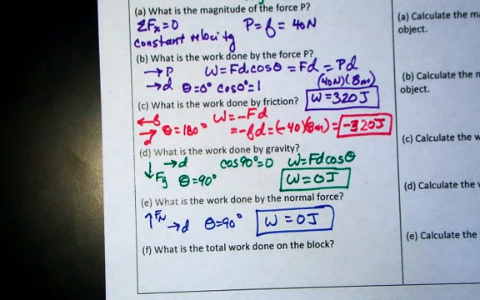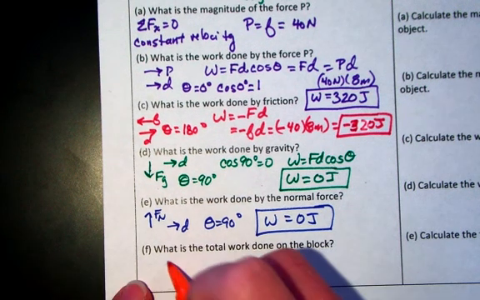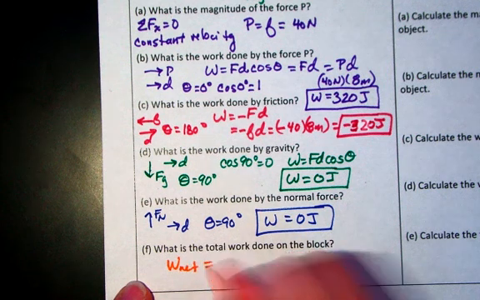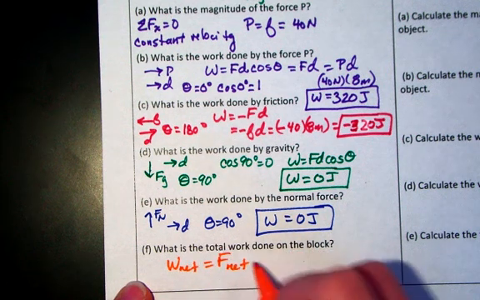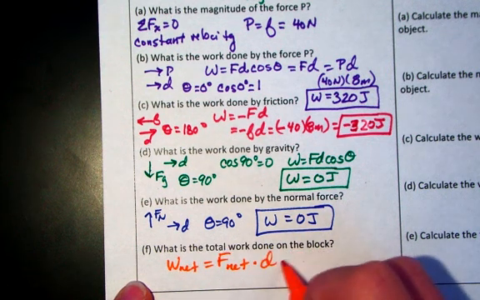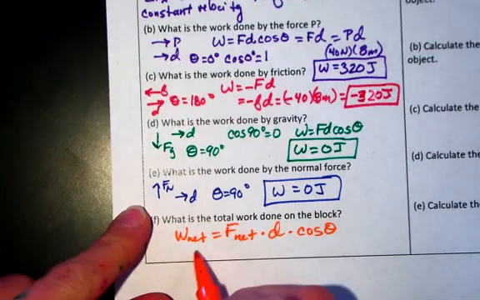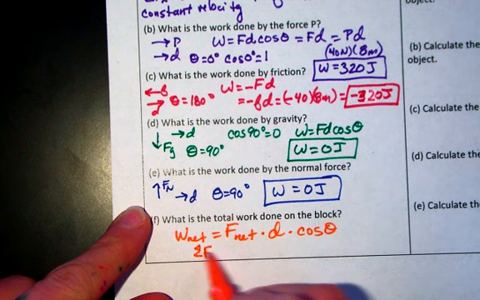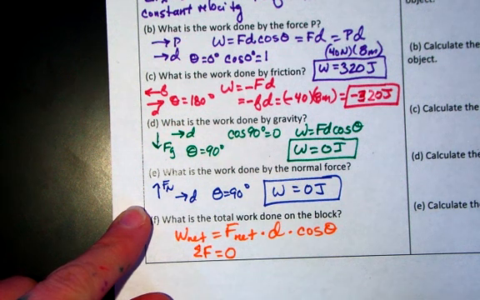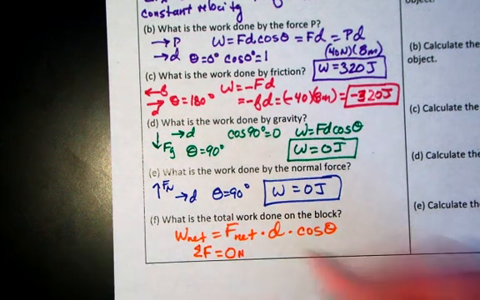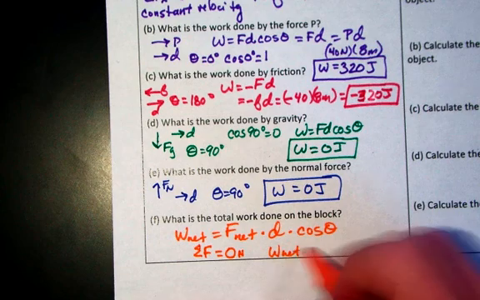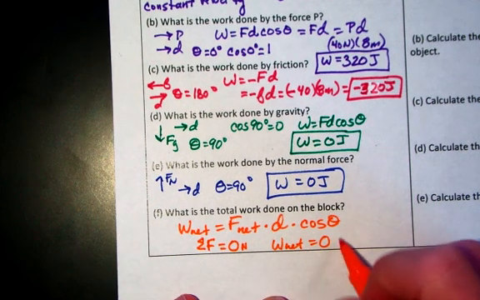However, it turns out that the net work is actually the net force times the displacement times the cosine of theta. Okay, and in this case, what is our net force? It's 0. Okay, so 0 newtons. Therefore, our net work must be 0 joules.